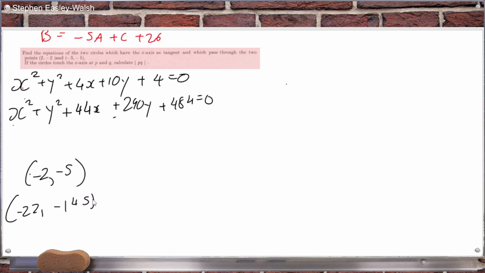And the radius is going to be, what's the radius going to be? 2 squared plus 5 squared minus 4. That's a radius of 5. And then this one here, 22 squared plus 145 squared minus 44. That's 145. So how's that going to look?